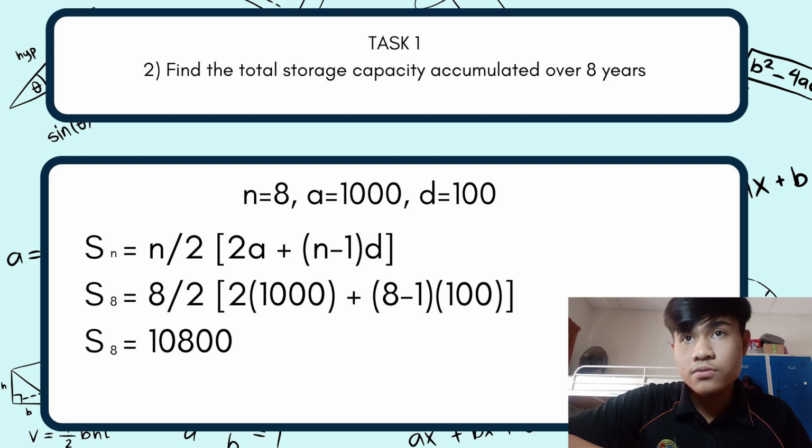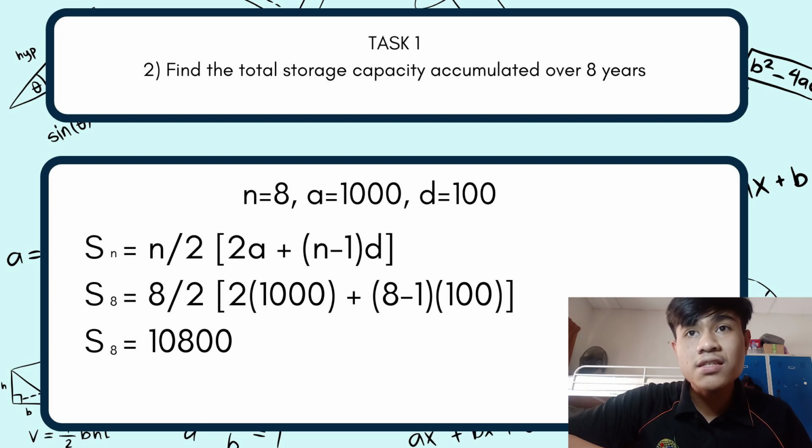So we are going to use Sn equal to n over 2 multiplied by 2a plus n minus 1 multiplied by D. That is the formula, and we just insert the information that we get from the question into the formula.